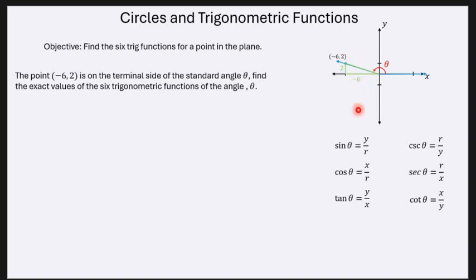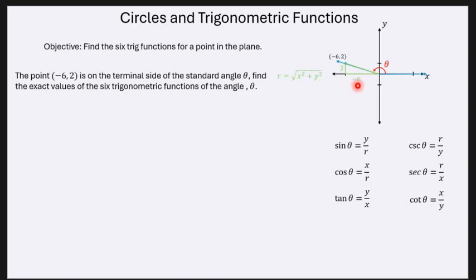And we're going to go ahead and find the 6 trig functions. Well, first, we actually need to find the hypotenuse of this right triangle. So we're going to use the Pythagorean theorem. The Pythagorean theorem would say that r is equal to the square root of x squared plus y squared.